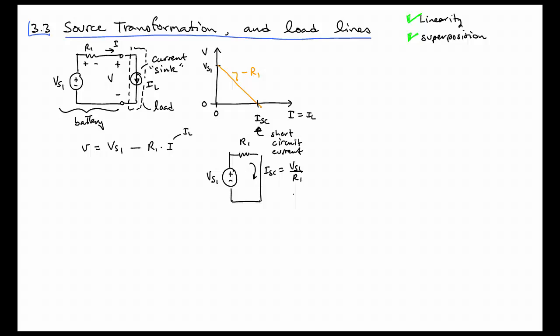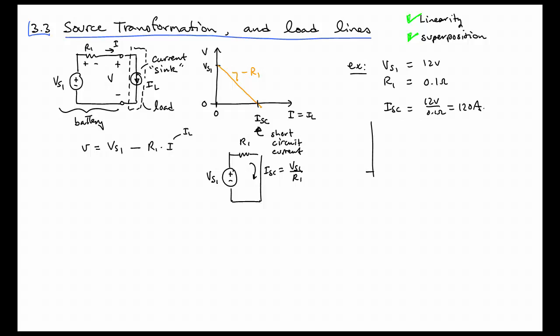VS1 over R1. So for example, if we have a battery that is a 12 volt battery and we have R1 equal to 0.1 ohms, then the short circuit current would be equal to 12 volts over 0.1 ohms, or 120 amps.